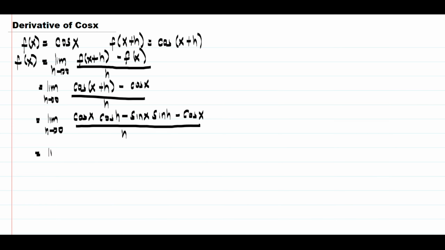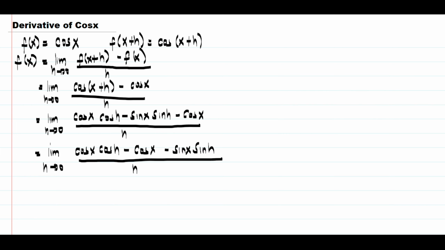So let us have the limit as h approaches 0. Since cosine x is common with negative cosine x, let us write this as cosine x cosine h minus cosine x, and let us write negative sine x times sine h all over h.